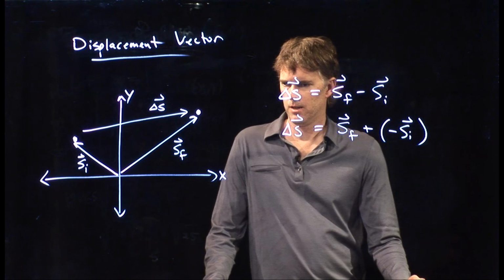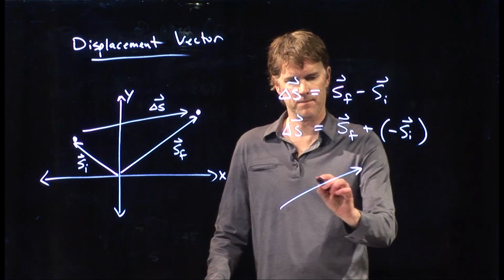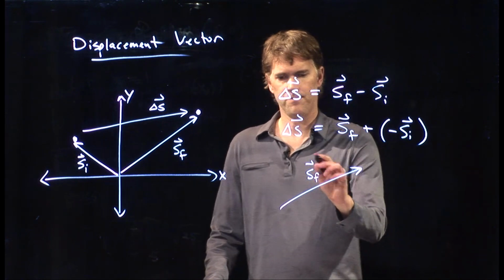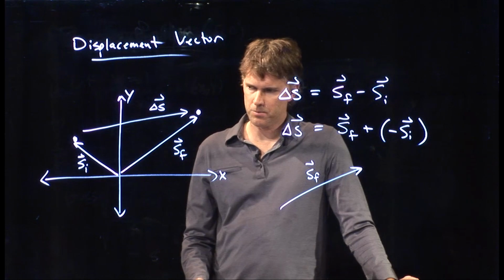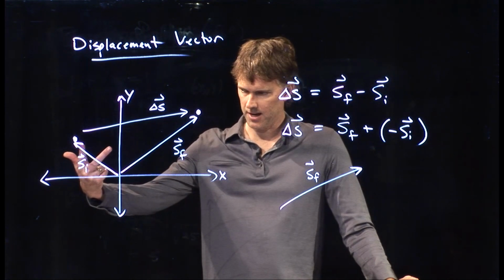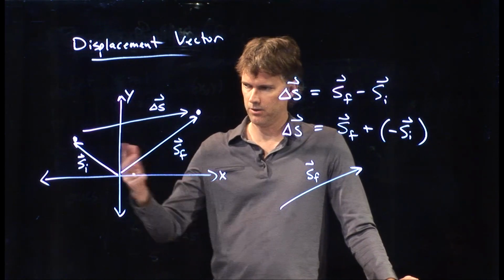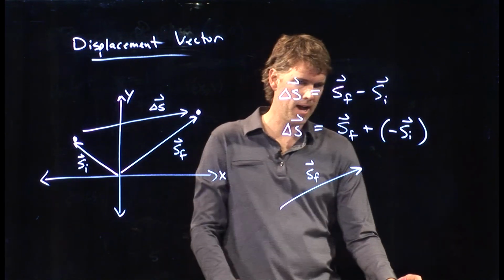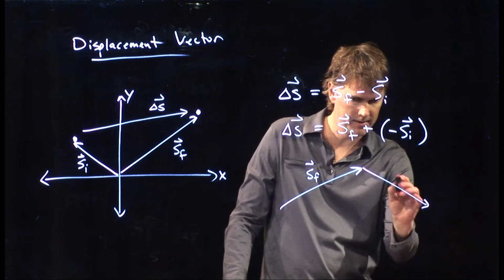S sub F looks like this, up and to the right. S sub I was up and to the left, which means that the negative of S sub I, you just flip the arrowhead. Same length, just opposite direction, so it would be down and to the right. So it would be something like that.